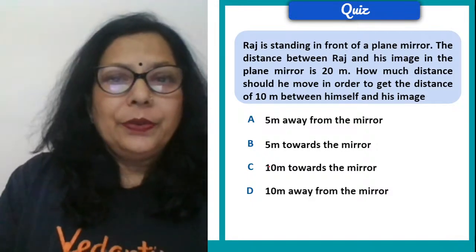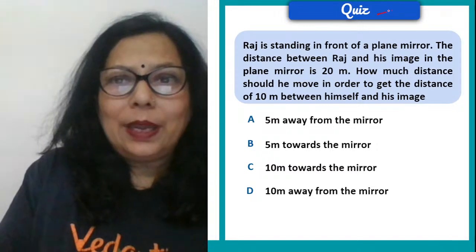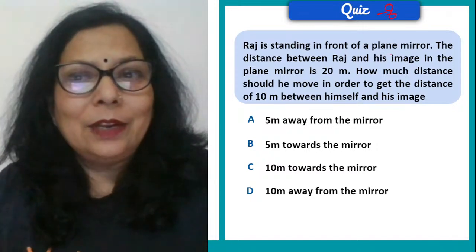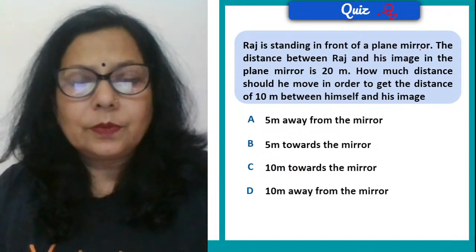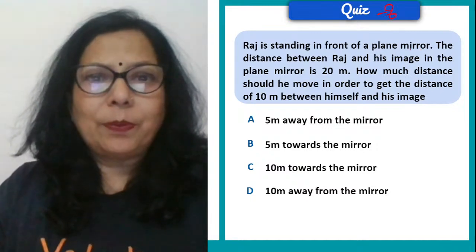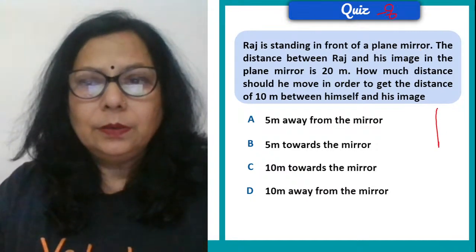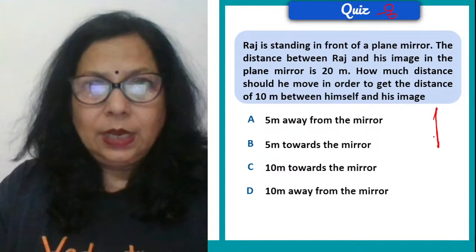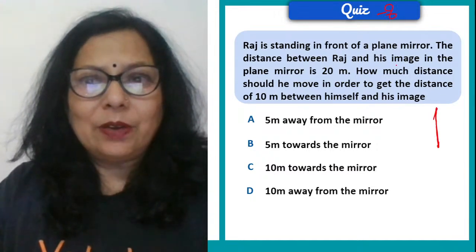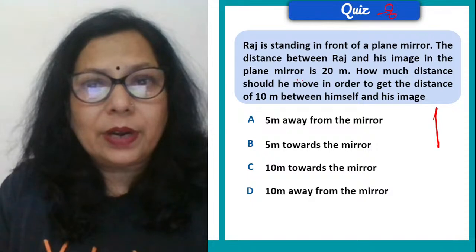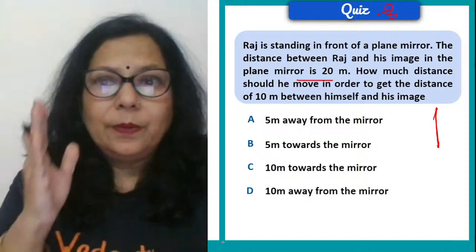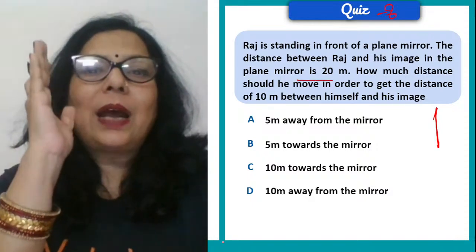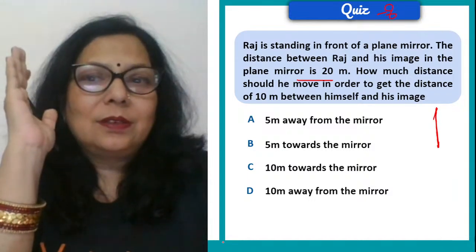Okay. Next question is question number 8. Raj is standing in front of a plane mirror. This is the plane mirror, and Raj is standing. The distance between Raj and his image in the plane mirror is 20 meters. The distance between Raj and the plane mirror is 20 meters.